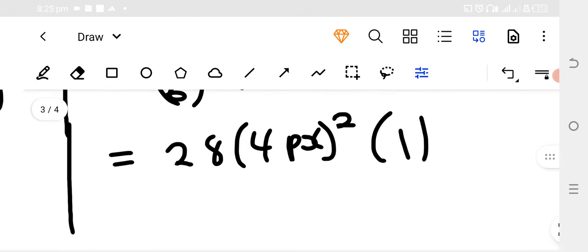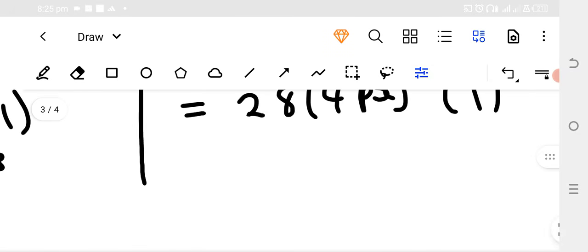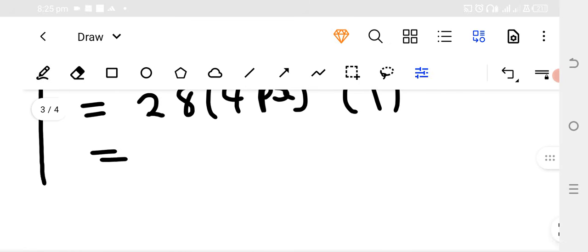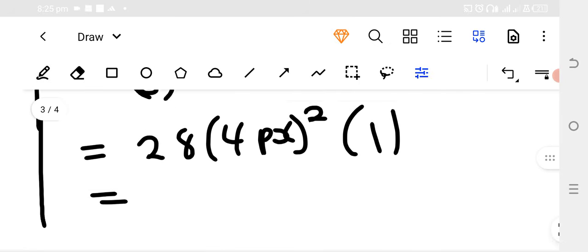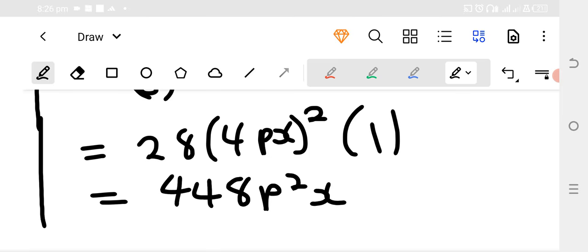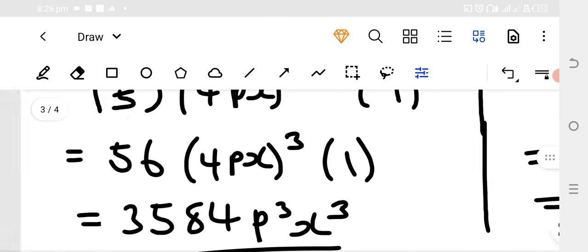Then to continue, at this particular stage we have 28 times 4 to the power 2, which is 4 squared, so 448. 448 p squared x squared is your answer there. So we have expanded, simple as that.